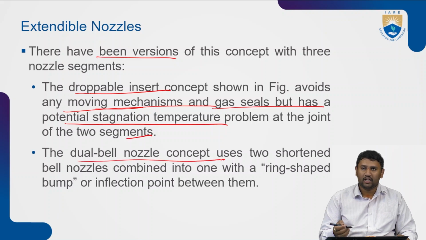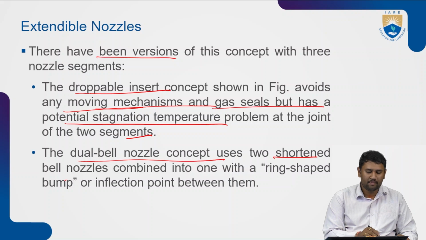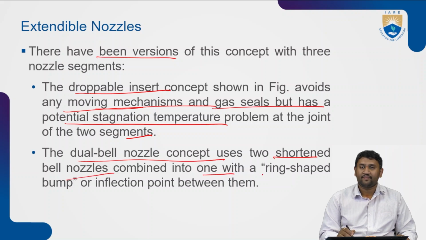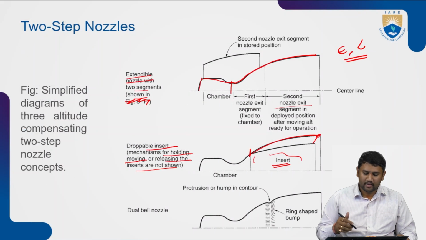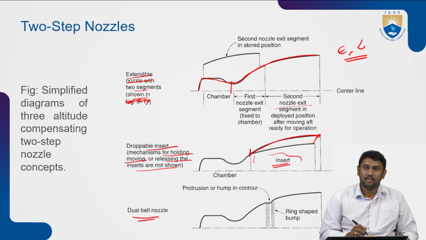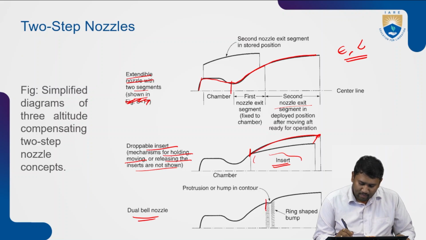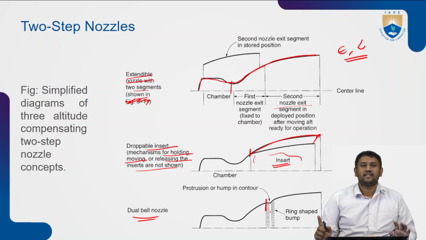The dual bell nozzle uses 2 shortened bell nozzles combined with a ring-shaped bump or an inflection point between them. This, right? Dual bell nozzle is nothing but till this point it will be a single CD nozzle.